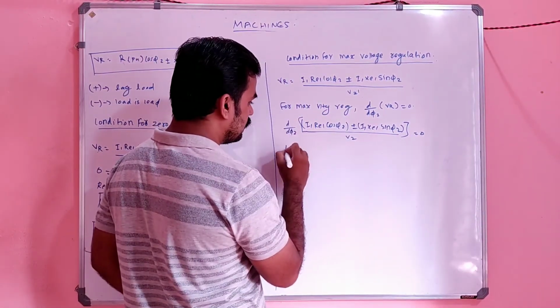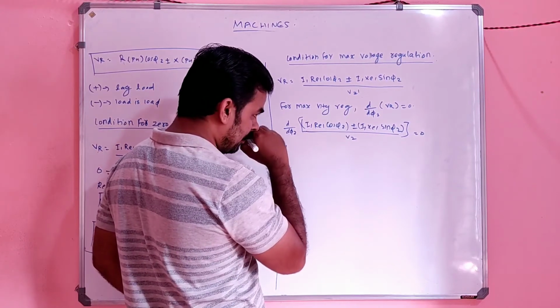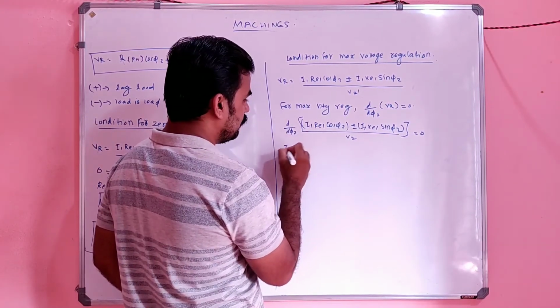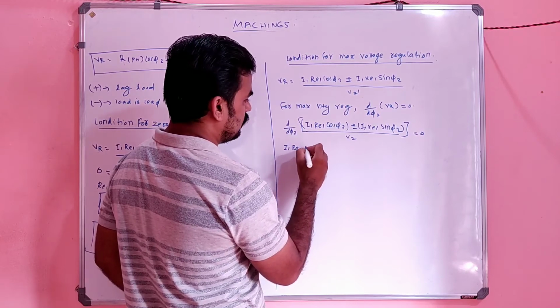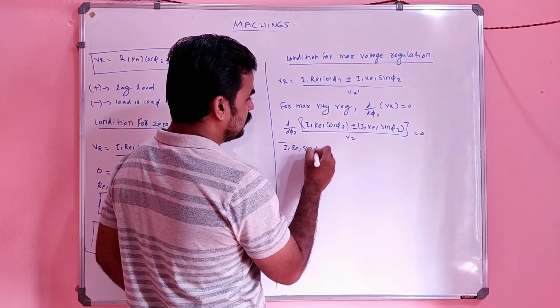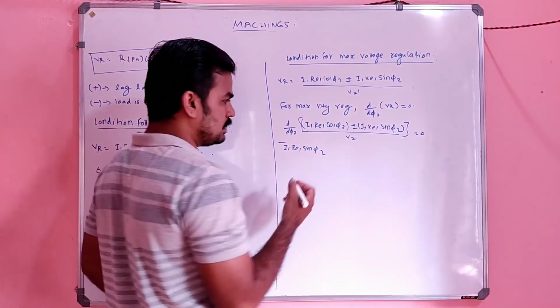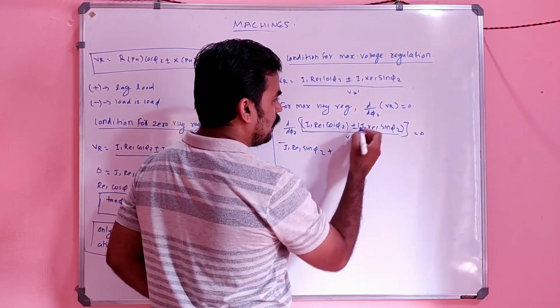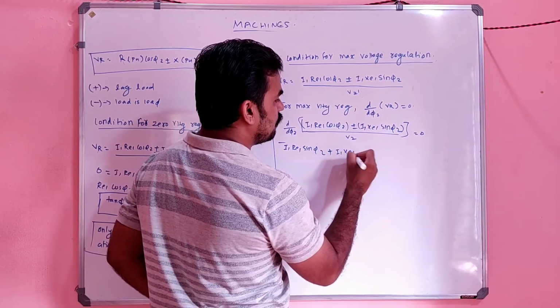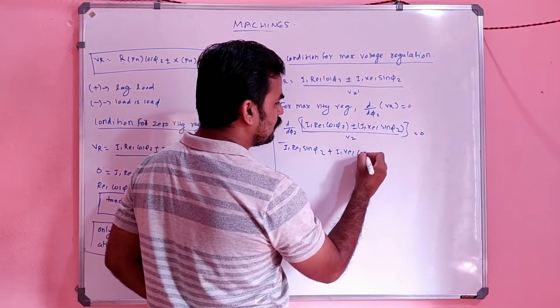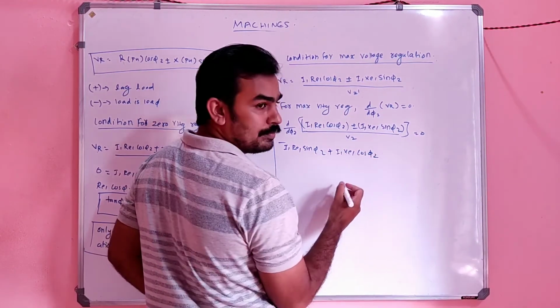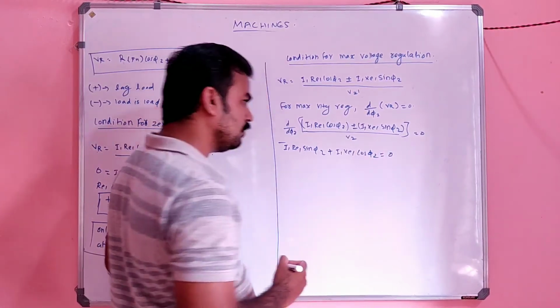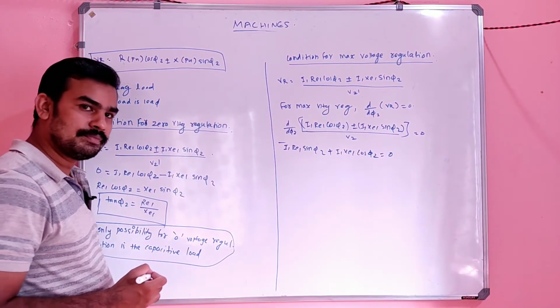Definitely the answer will be: I1 RE1 sin phi 2, since differentiation of cos phi 2 is minus sin phi 2. Let's take plus for ease. Plus I1 XE1 cos phi 2, since differentiating sin phi 2 gives cos phi 2, equal to 0, correct?